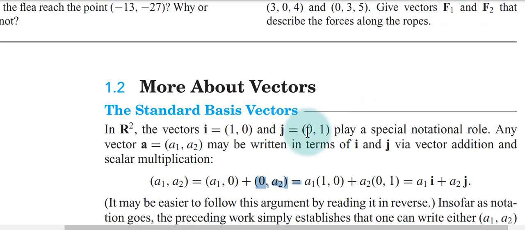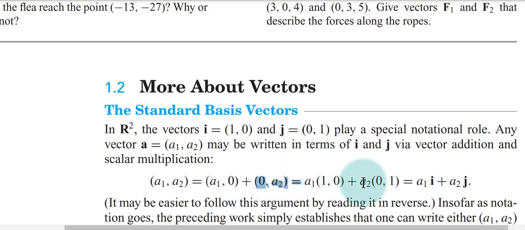And then you also know about scalar multiplication, which means I can pull out the a1 from here, and I can pull out the a2 from here. To get this piece, I pull out the a1 and then times (1, 0), because that gives me a1 here and 0 here, which is what I wanted.